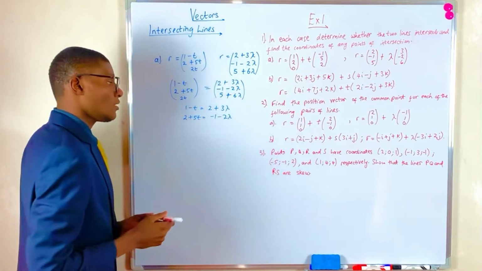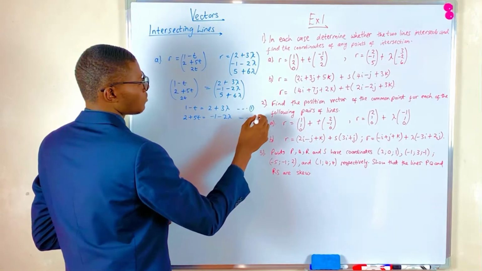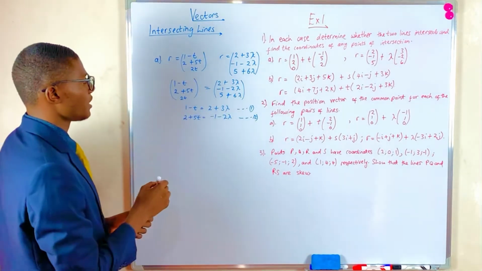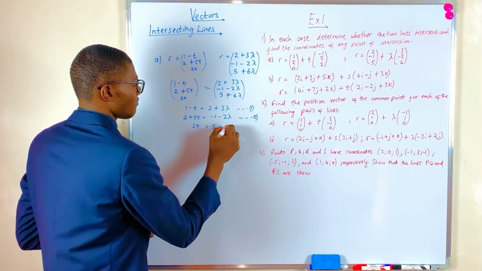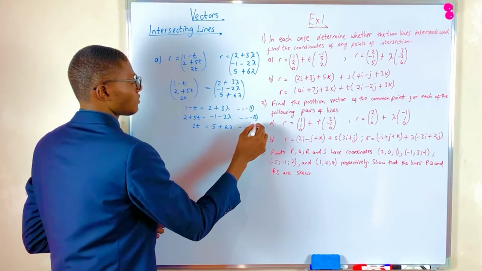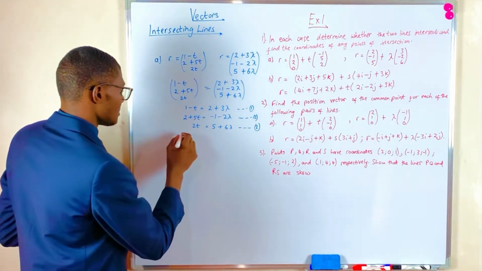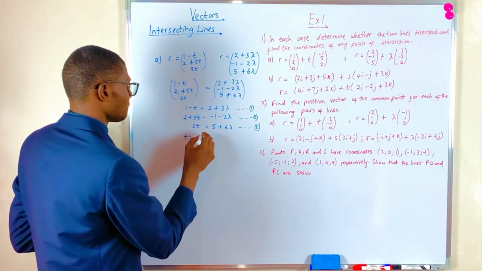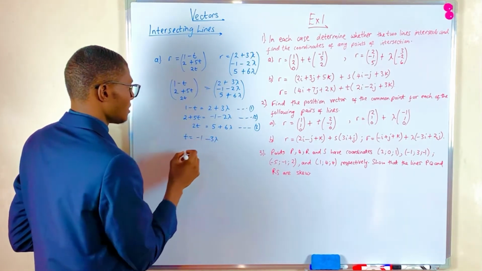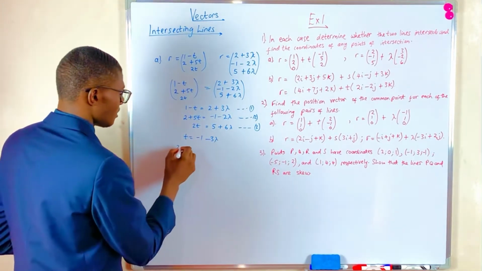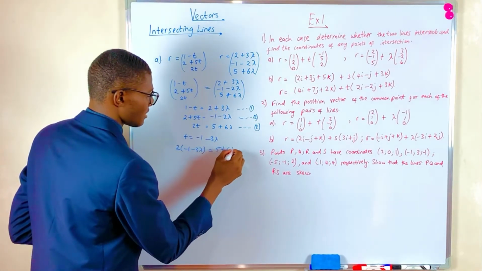So this is equation 1, then equation 2, and of course we could also use equation 3: 2t is equal to 5 plus 6 lambda. From equation 1, we can say t is equal to 1 minus 2, that's minus 1 minus 3 lambda. By substitution, 2 times (minus 1 minus 3 lambda) is equal to 5 plus 6 lambda.